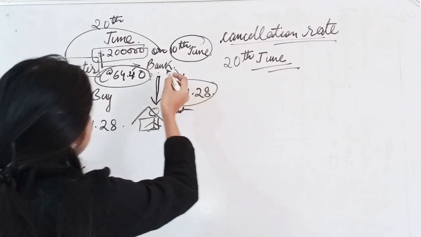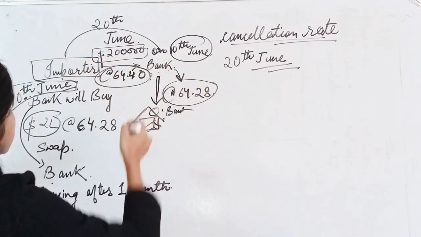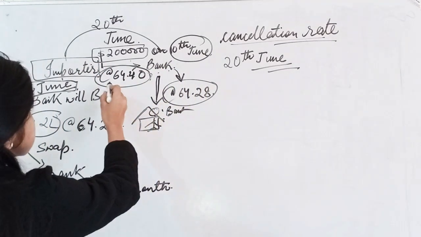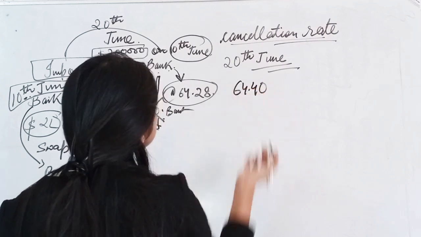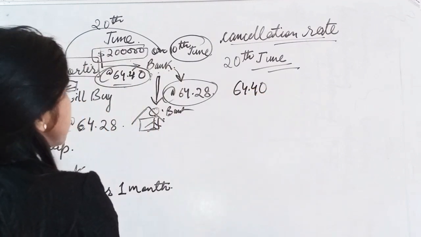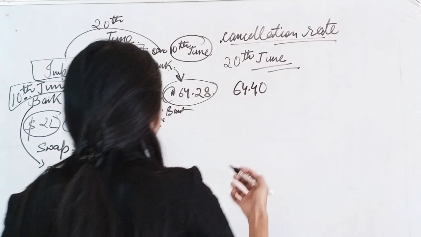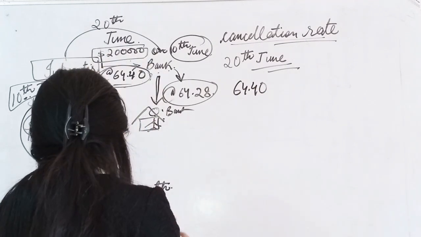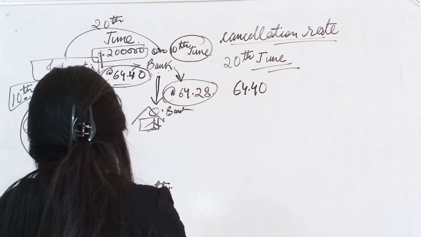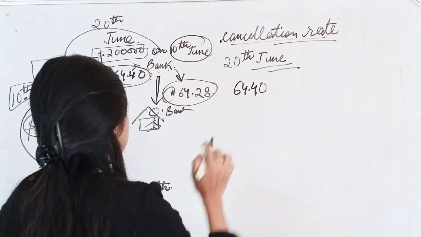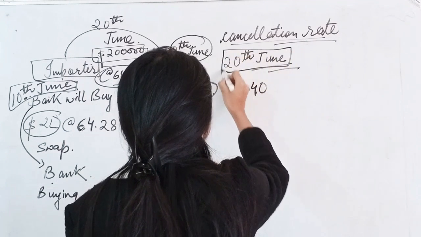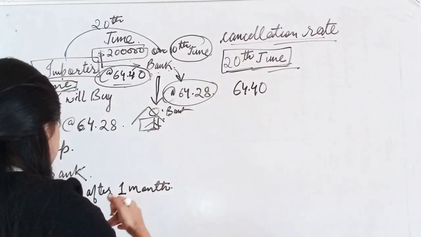That means the bank is asking the importer to purchase at the rate 64.40 and again sell it back to me, because you don't need the $2 lakh on 20th June, so sell it back to me at today's spot rate. And see, in the question there are two columns, 10th June and 20th June. Today is 20th June, so we will go to the column of 20th June.